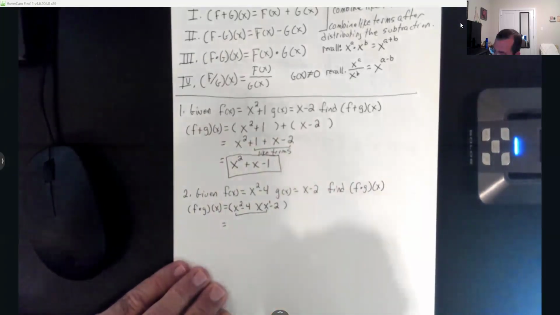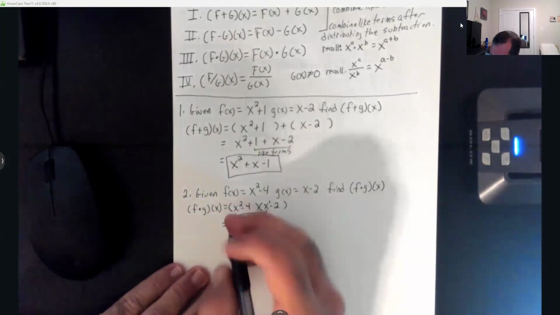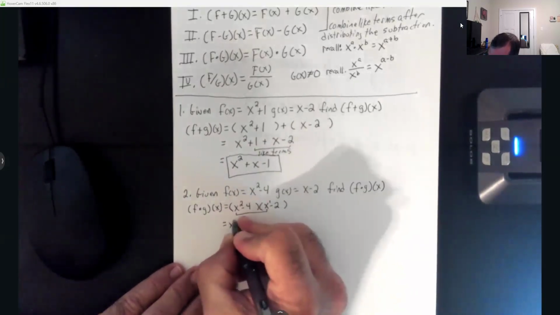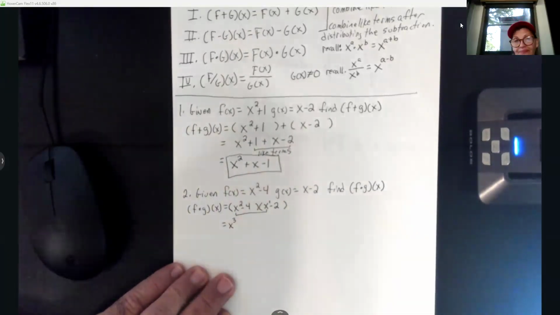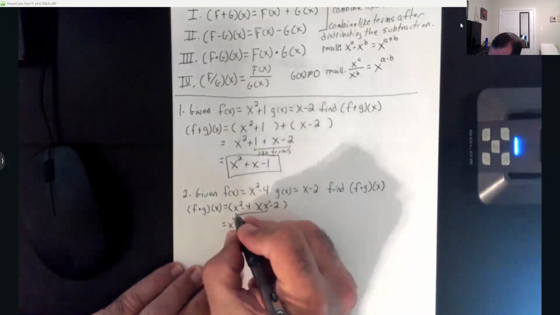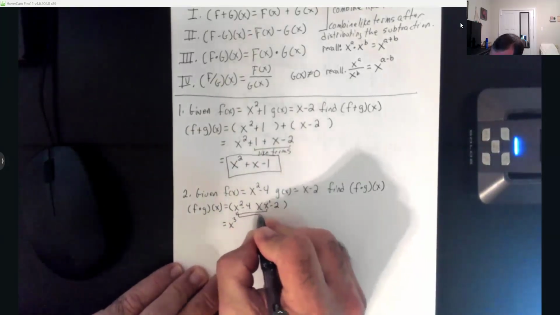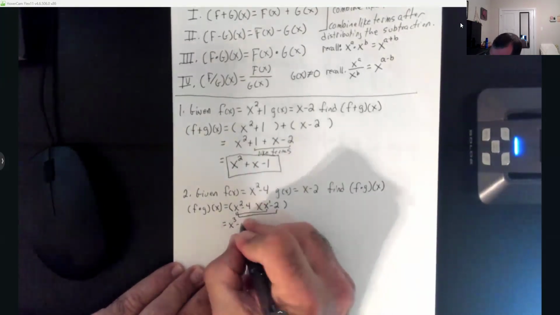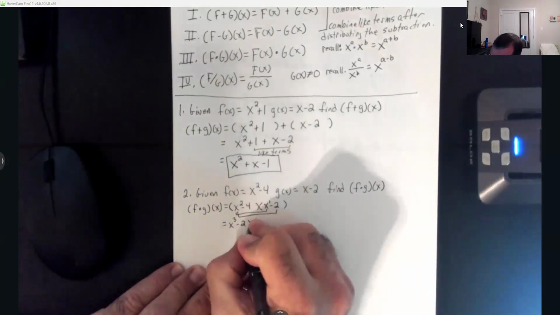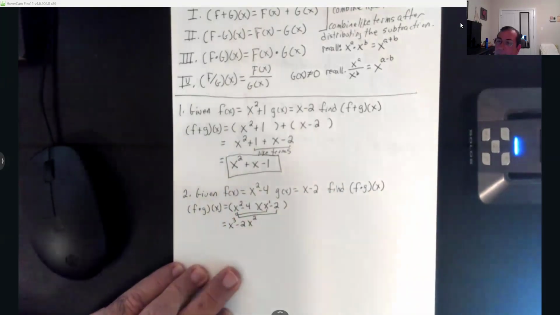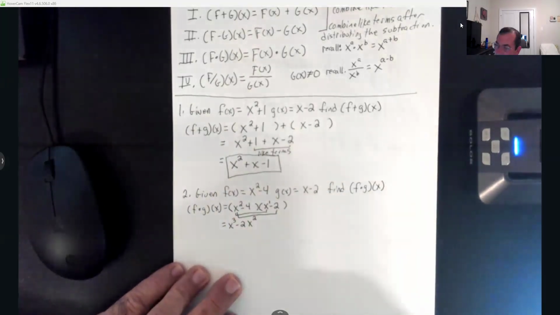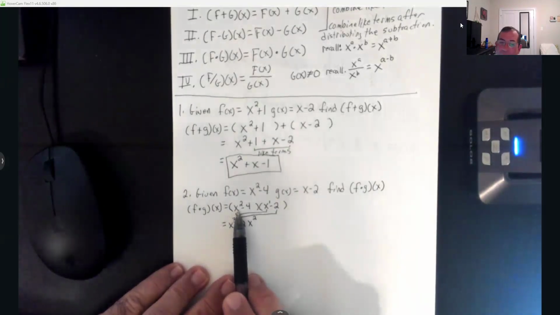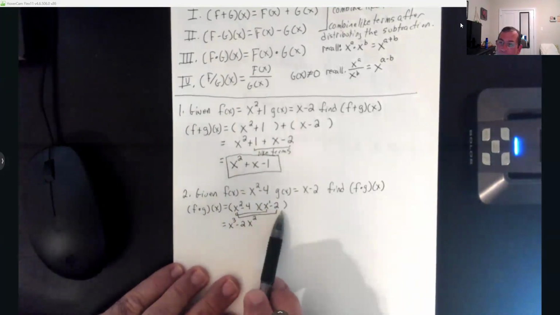So x squared times x gives me an x to the 3rd. Now you take this x squared and multiply by the negative 2, which gives us a negative 2x squared. So all I did was distribute the x squared times both of these.